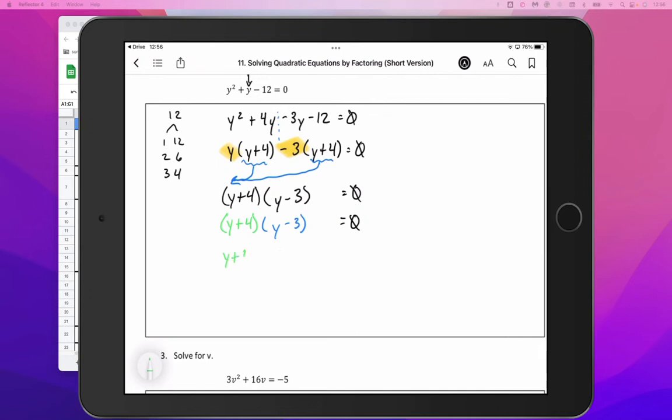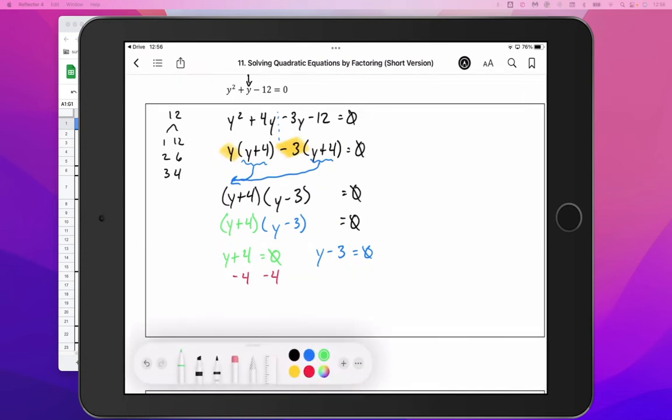We'll get y plus 4 is equal to 0. We're going to see what it takes to make the green one 0. We're going to get y minus 3 is equal to 0. We're going to see what it takes to make the blue one equal to 0. And so what we would need to do is subtract 4, subtract 4. We can see that when y is equal to negative 4, the green part of this would be equal to 0, which would make that whole left side equal to 0.